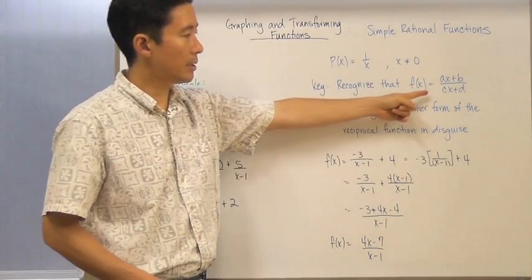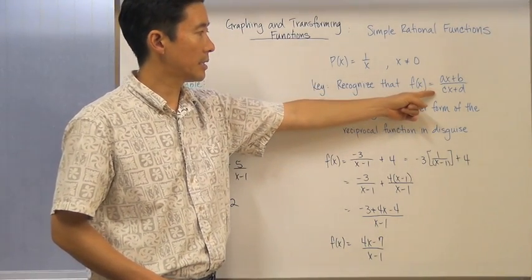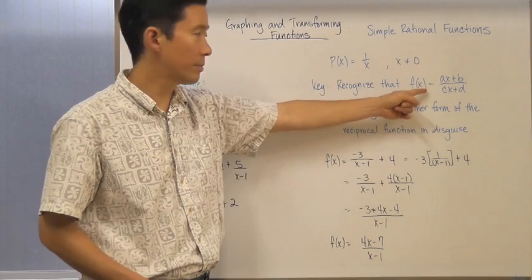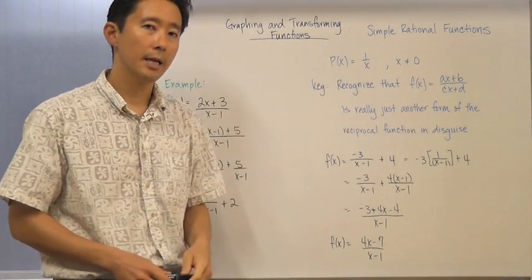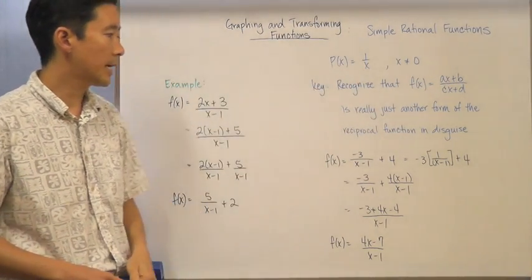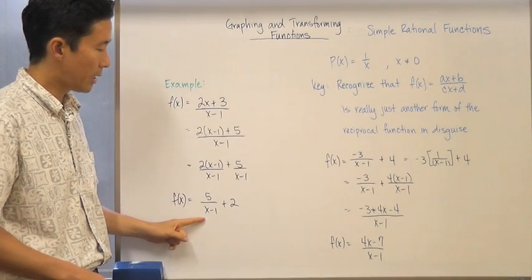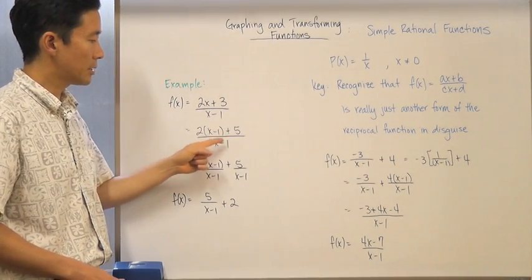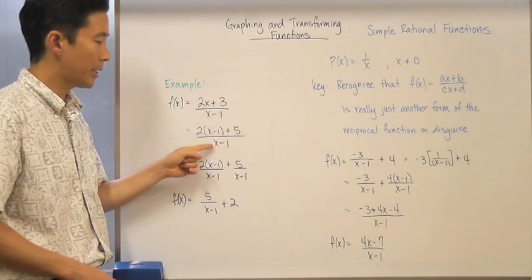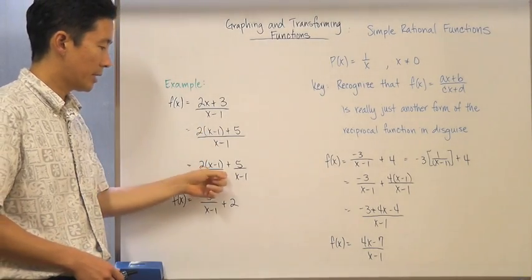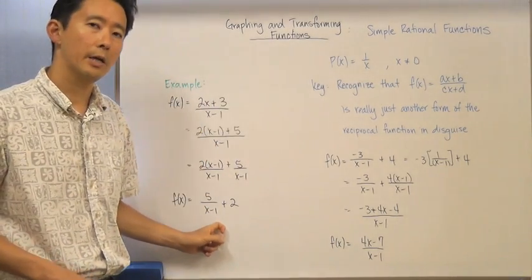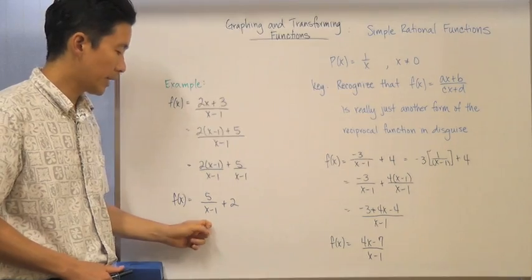We need to recognize that this form is just another form of the rational parent function in disguise. And the algebraic method by which we can get it to this form here is to introduce this denominator binomial into the numerator so that we can simplify to something that's recognizable to us.